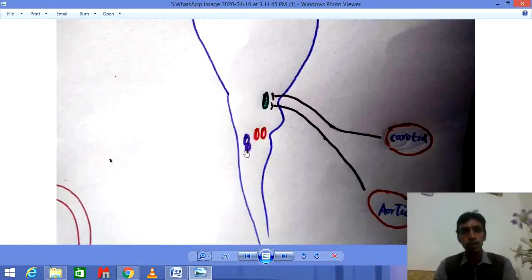These 2 nucleuses make the vasomotor center, and these 2 nucleuses make the cardiac center. So the combination of vasomotor center and cardiac center makes the cardiovascular center of the medulla oblongata.